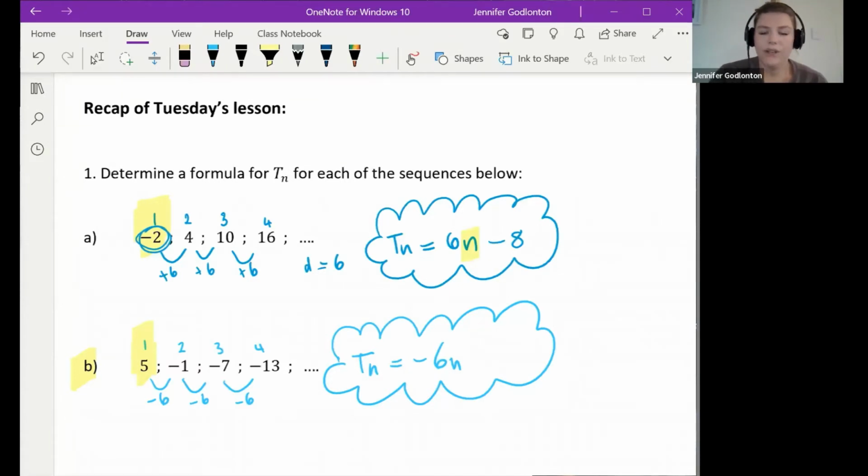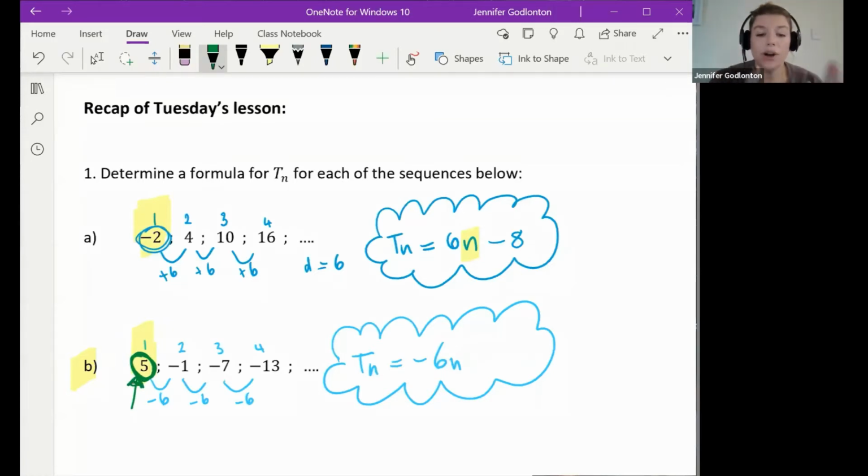For the first one, you don't even need to think of 1. The number that I really want you to focus on is this first number, the 5. So just think about your -6. You don't even need to think, okay, I'm saying -6 times 1. Just think, okay, it's -6. And I don't want -6. The number that I'm looking for is 5.